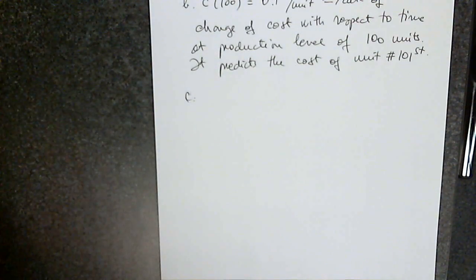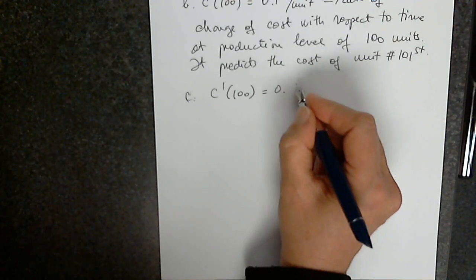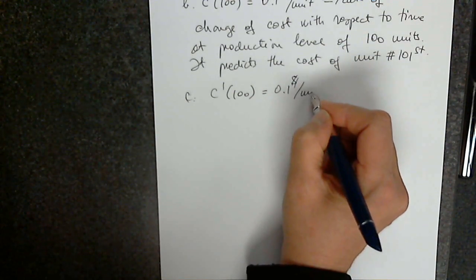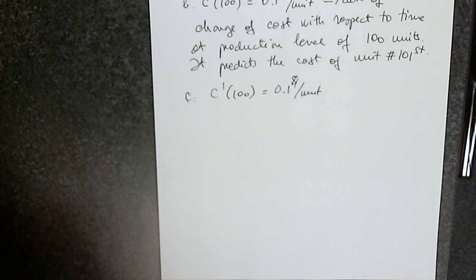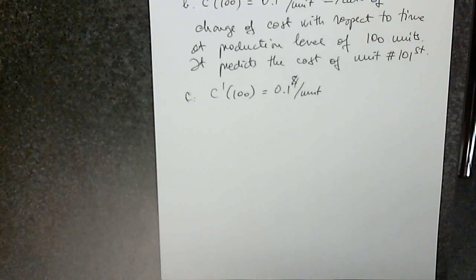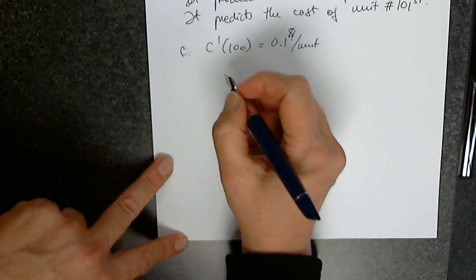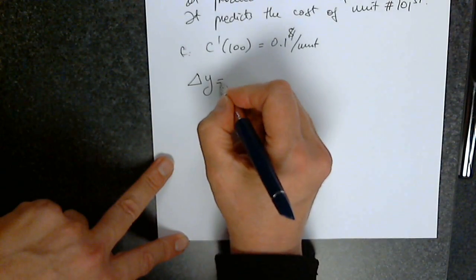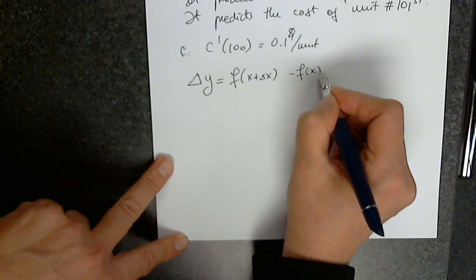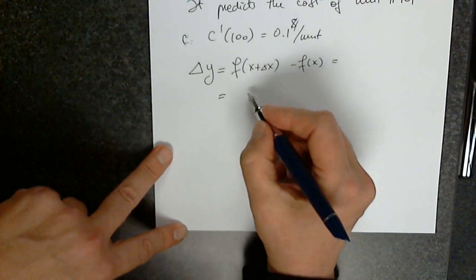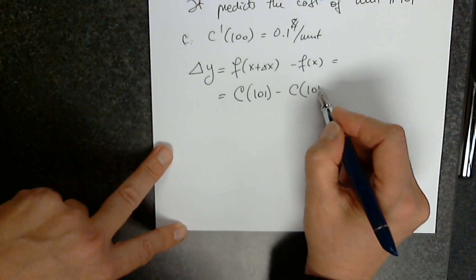Part C, last one. Compare C prime of 100, which is $0.1 per unit, with the cost of producing the 101st item. How do I determine the cost of producing item 101? So this is delta y, which is f of x plus delta x minus f of x, which for this case is C of 101 minus C of 100.